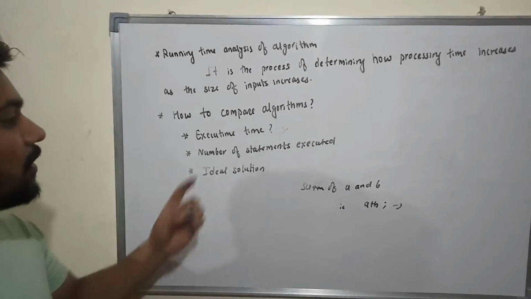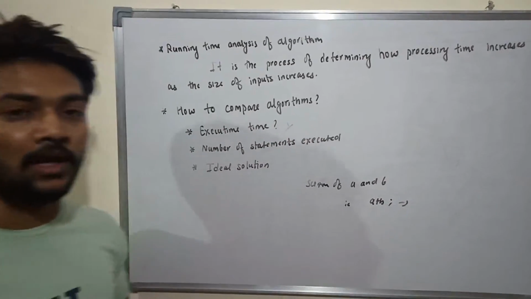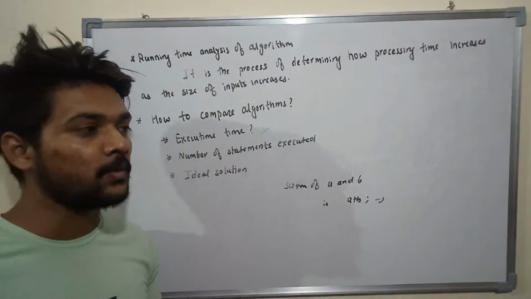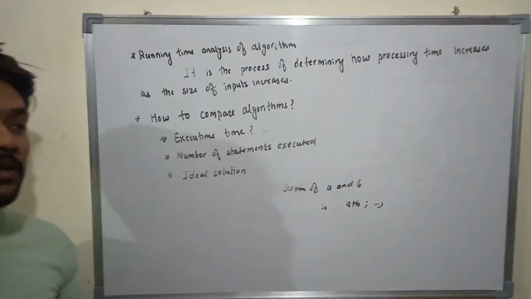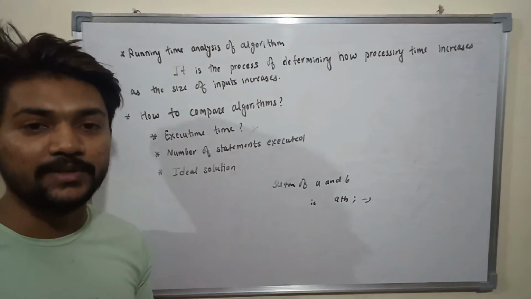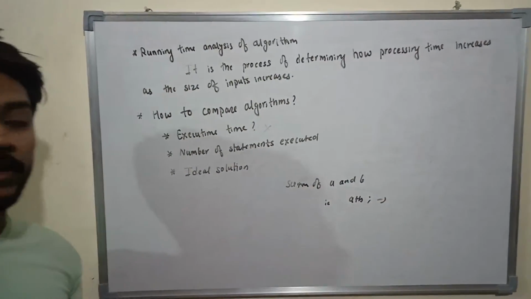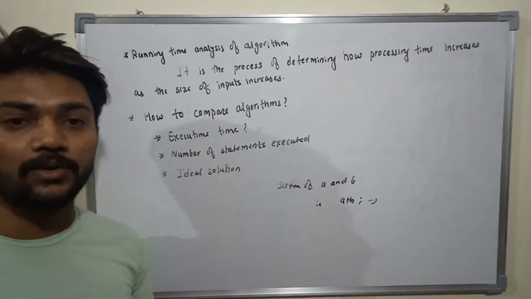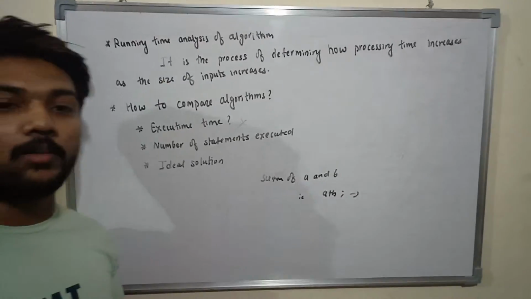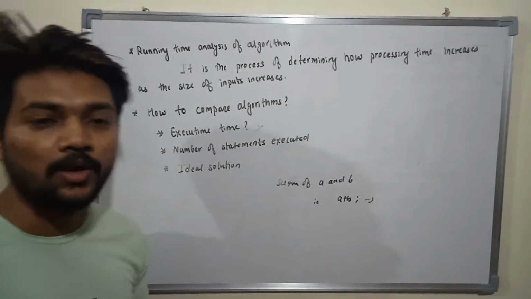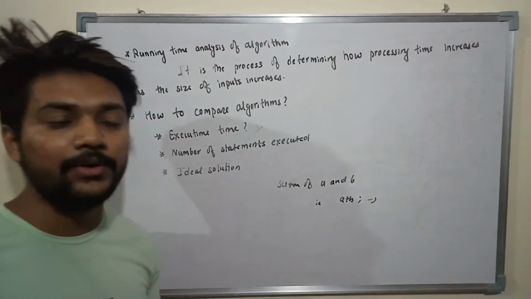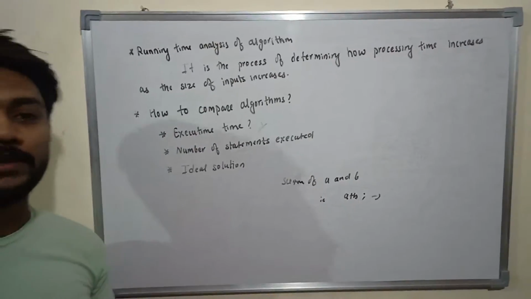So the next is number of statements executed. For coding of a particular algorithm in different programming languages, there are different pieces of code. For example, if we have to write a particular algorithm in Java, then we write a number of lines of code, but the same algorithm can be done within 2 to 3 lines in Python.